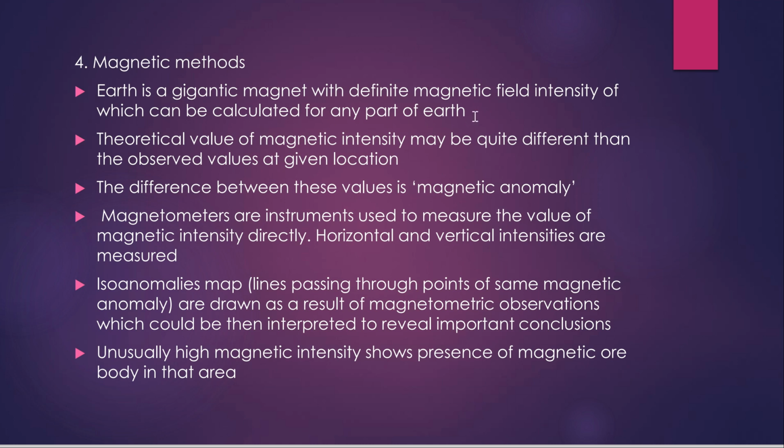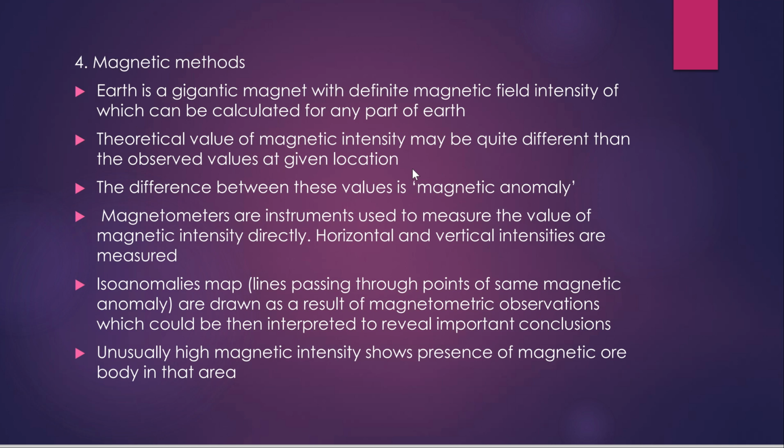The theoretical value of magnetic intensity may be quite different from the observed values at a given location. The difference between these values is known as magnetic anomaly.